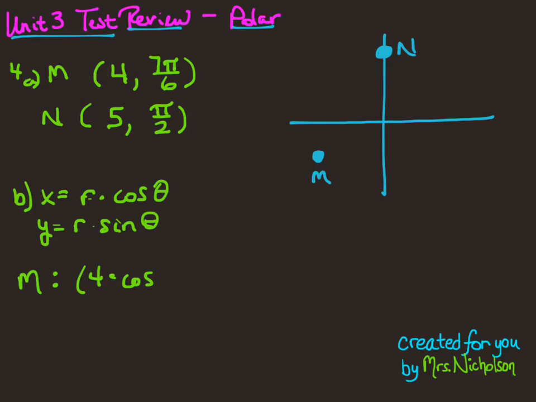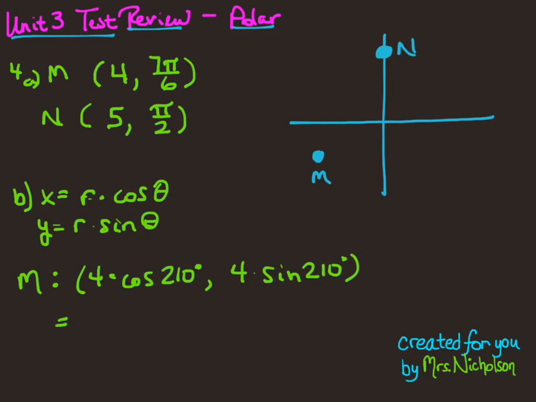If you would prefer to change it to degrees to put in your calculator, that would be fine. 7 pi over 6 is the same as 210 degrees. You can use the radian angle as well. Just make sure that your calculator is set for radians or for degrees, whichever one you're using. And then my y coordinate would be 4 times sine of 210.